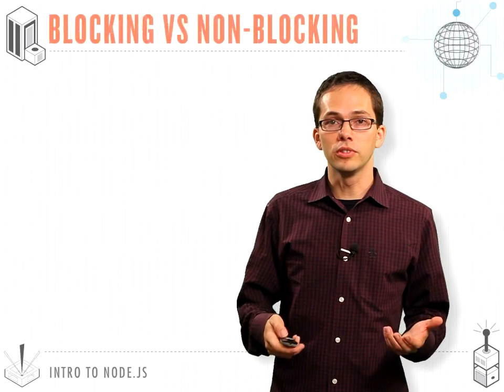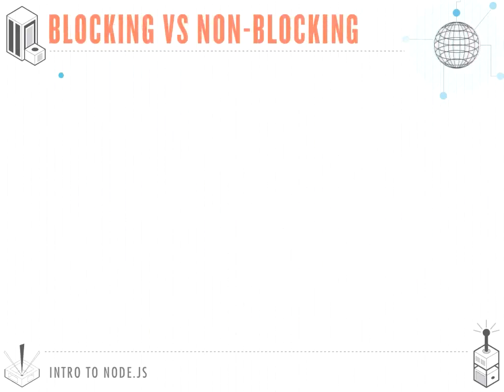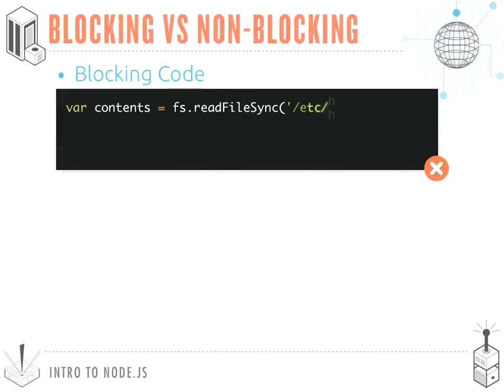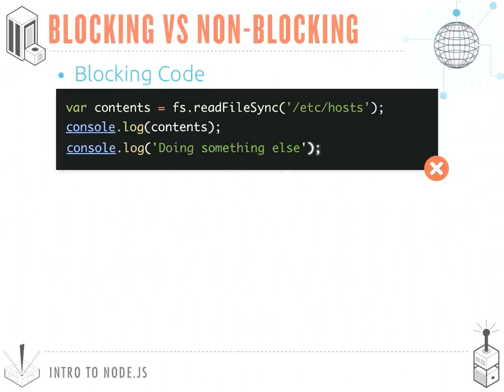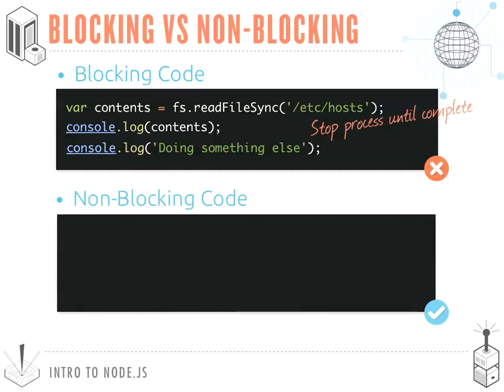Now here's some actual Node code. First of all, the blocking version of reading the file might look like this, where we're getting all the contents of the file, we're then logging that out, and then doing something else. So obviously when this gets executed, it just runs one at a time. The non-blocking version of this in Node is going to call readFile, and look at this.